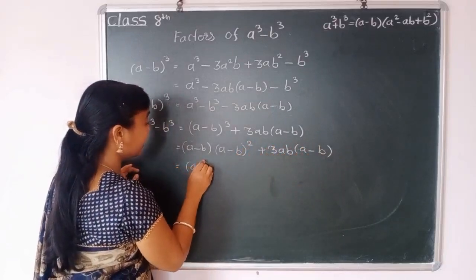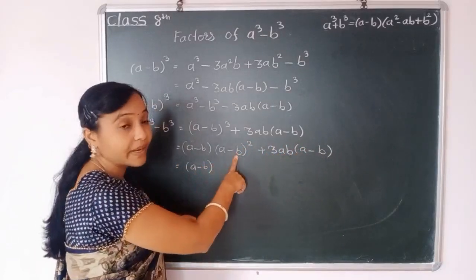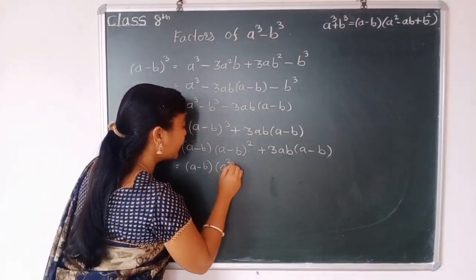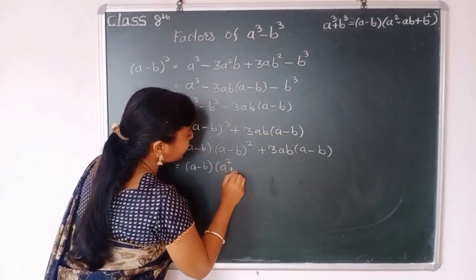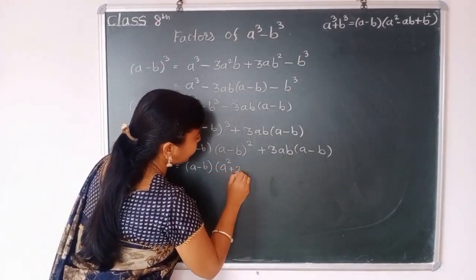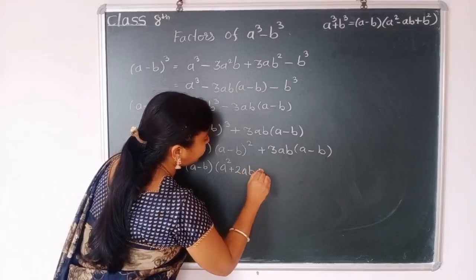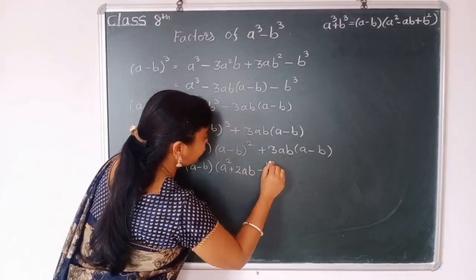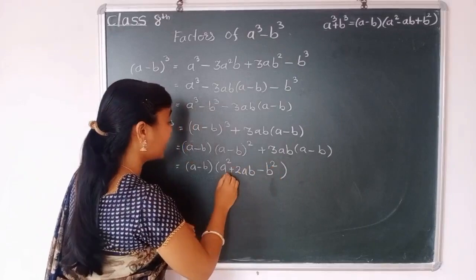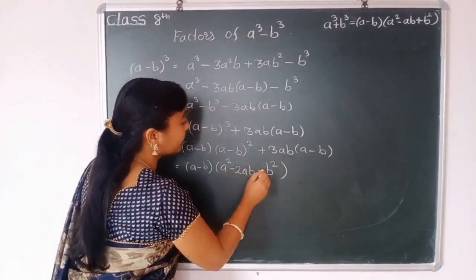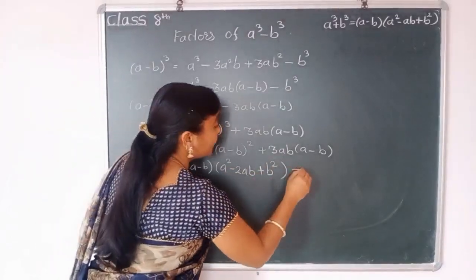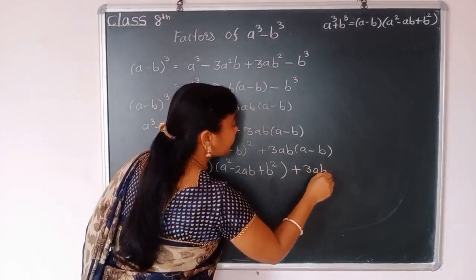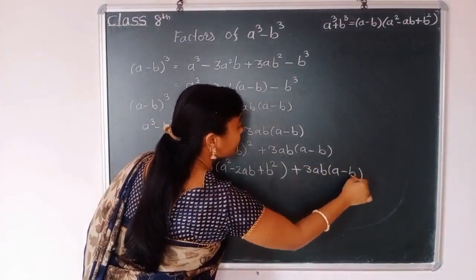Then again I write down the formula for (a minus b) square: a square minus twice ab plus b square. So we have a square minus 2ab plus b square plus thrice ab in the bracket (a minus b).